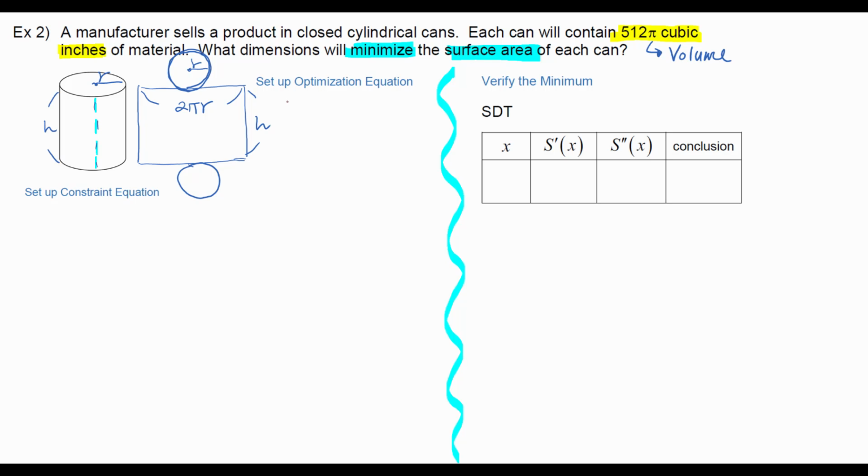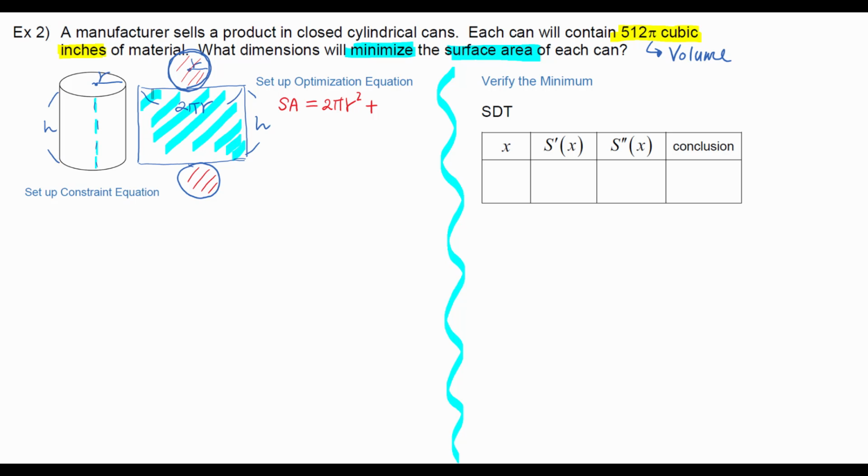So surface area is, what is the area of a circle? Area of a circle is pi r squared, but you have two of them. So that will be 2 pi r squared plus, I need to also count the area of this rectangle.